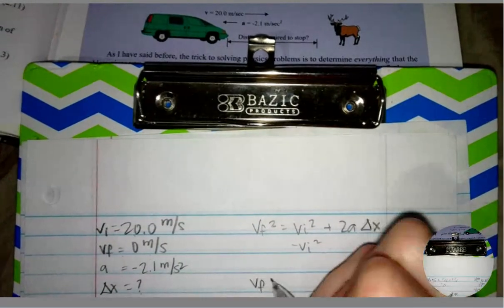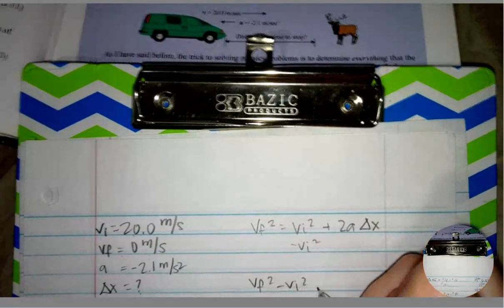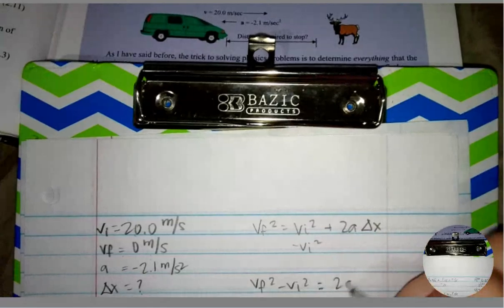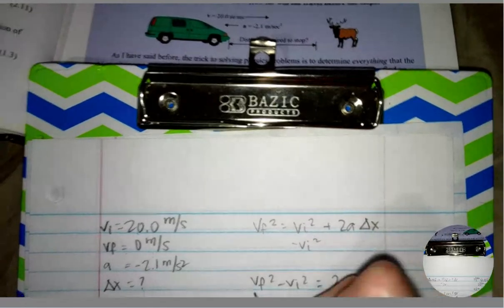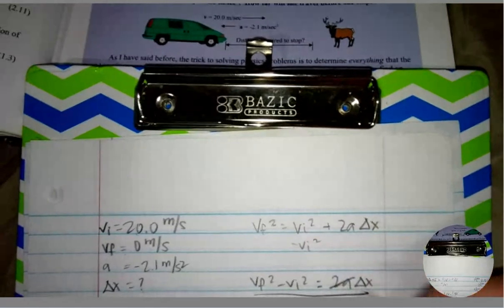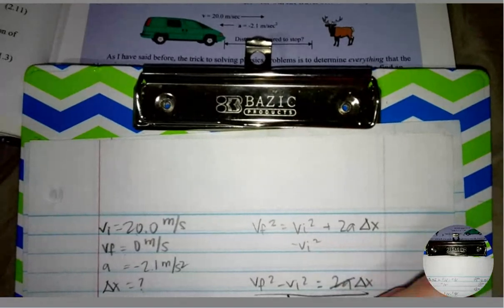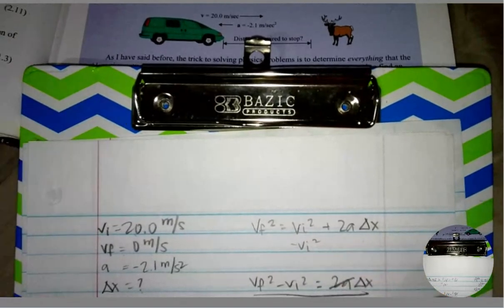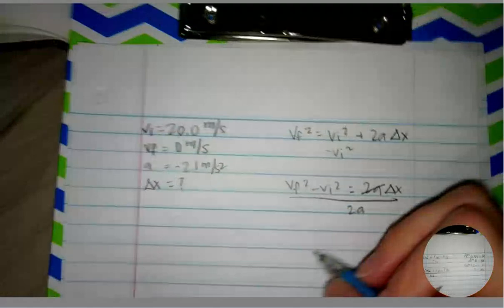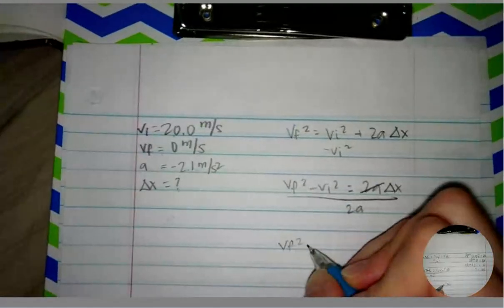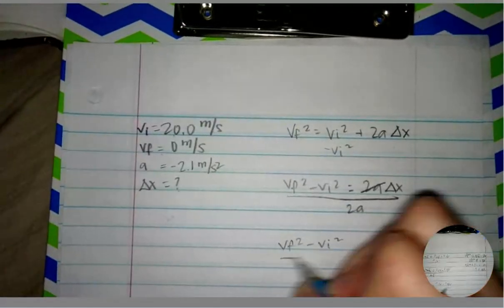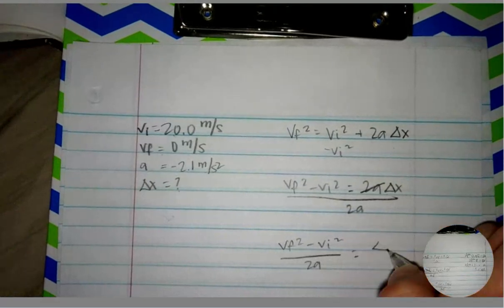So we're left with V final squared minus V initial squared is equal to 2a delta x. Now let's divide both sides by 2a. Leaves the numerator on the right, gets stuck in the denominator on the left. So we're left with V final squared minus V initial squared over 2a is equal to delta x.